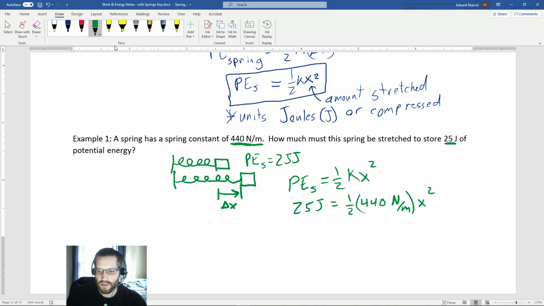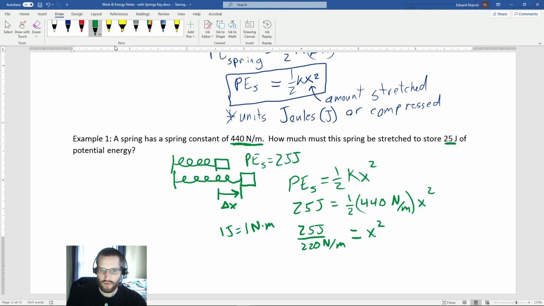What I'm going to do here is multiply 1/2 by 440, which gives 220, and then divide that over. So I'm going to have 25 divided by 220. It might not be super clear how the units cancel here. But remember that our units of energy are a force times a distance, and so 1 joule is 1 newton times meter.